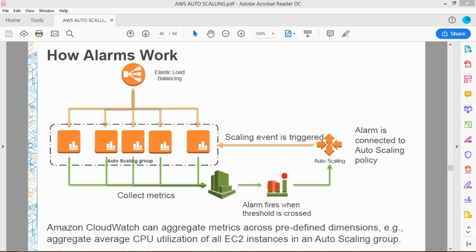Suppose your CPU utilization is more than 70% or 80%, then it sends the information to the auto scaling group, and the auto scaling group provides information to your system architect, cloud architect, at the same time that your CPU utilization is very high. Due to this, there may be some chance that your system is going to go down, or you need to do something.